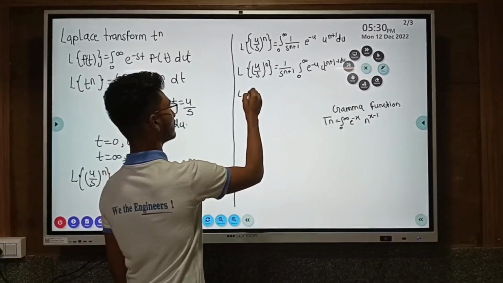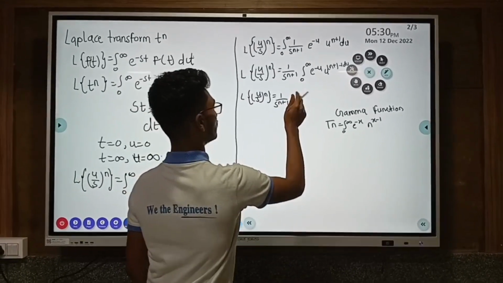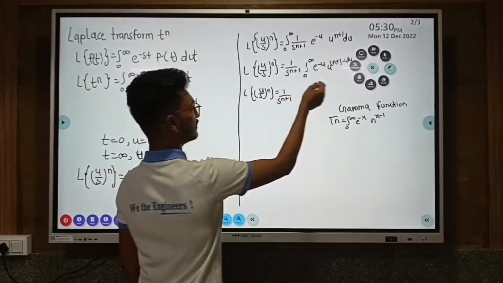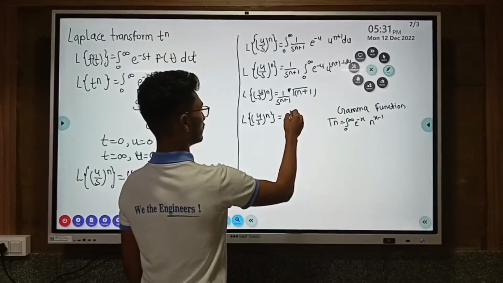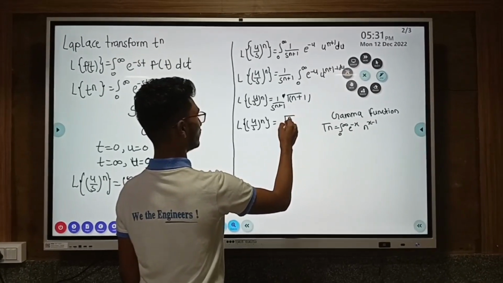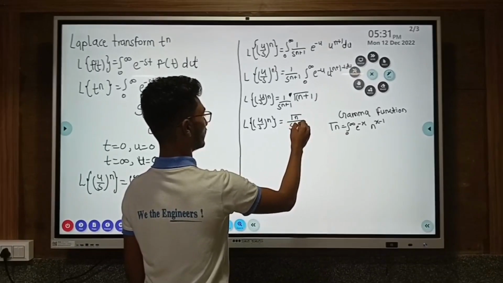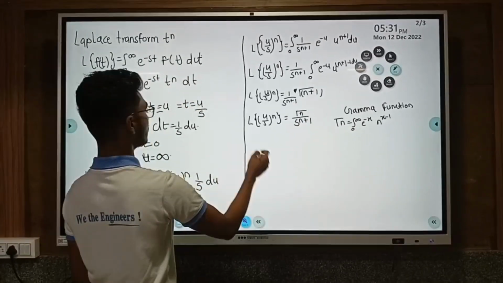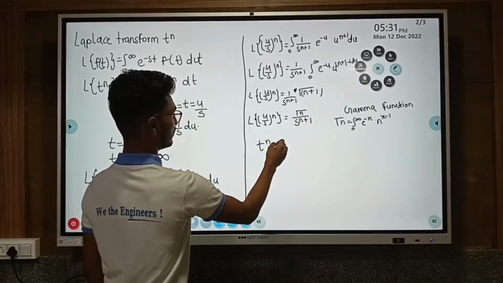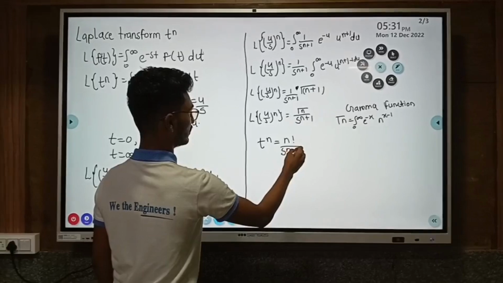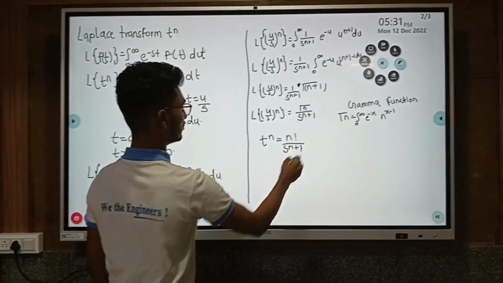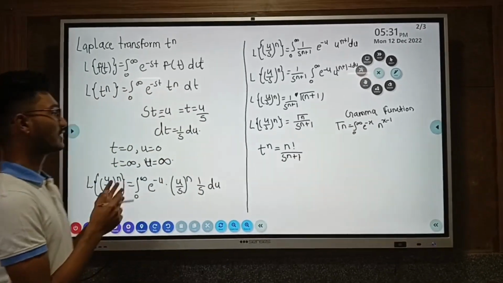So this term will come as gamma of n plus 1 upon s raised to n plus 1. We can write this transform as n factorial upon s raised to n plus 1. This is the formula of the Laplace transform of t raised to n.